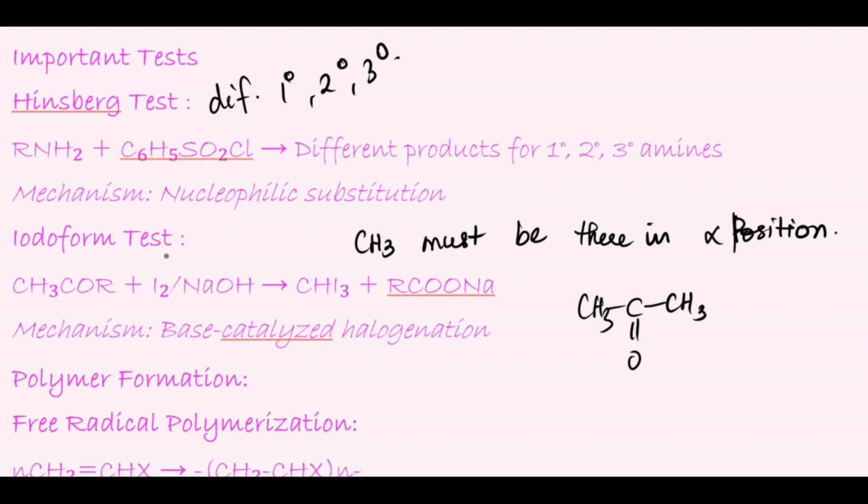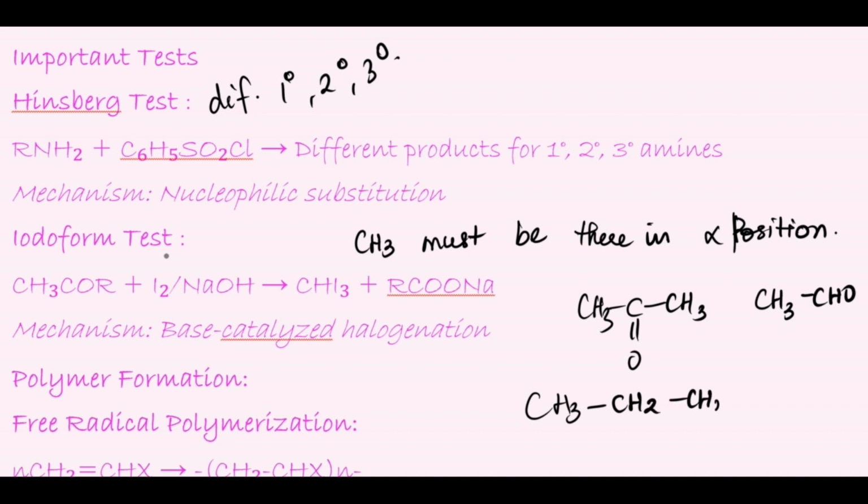This will give positive to the haloform test or iodoform test, or acetaldehyde, that will give positive. So apart from this, will any other carbonyl group give positive to the iodoform test? Yes. You can take any long chain carbonyl compound, but it should have a CH3 group in the alpha position.